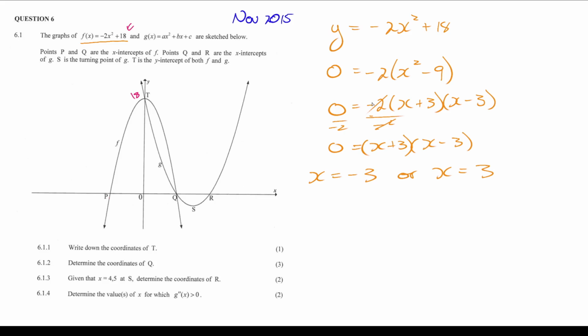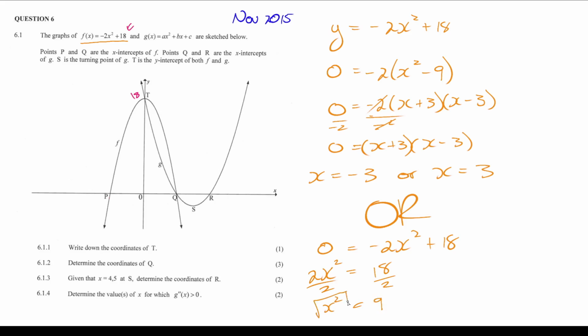There was a different way to do this. The other way you could have done this is to say y is 0, so 0 equals negative 2x squared plus 18. Take the negative 2x squared over to the other side and divide by 2: x squared equals 9.